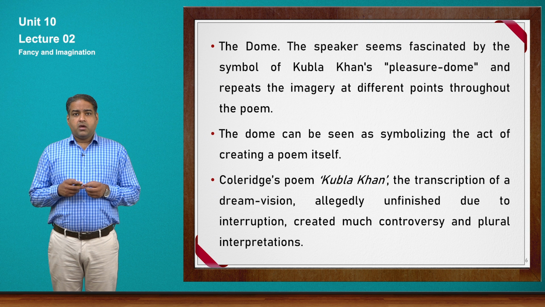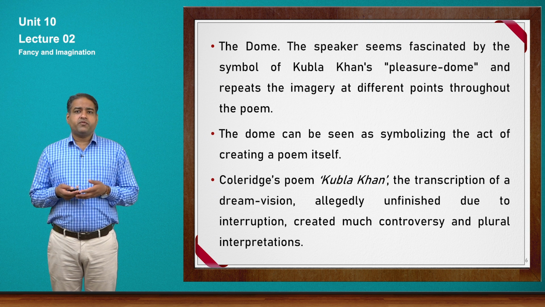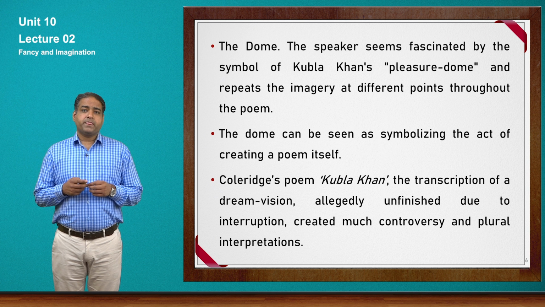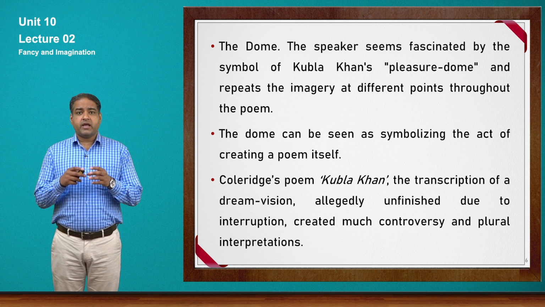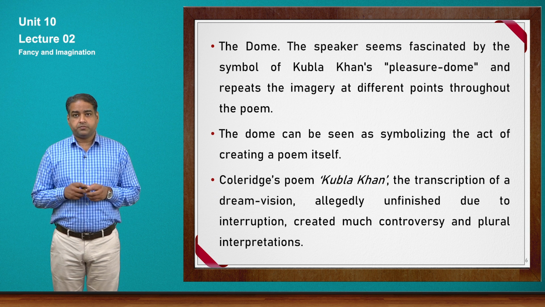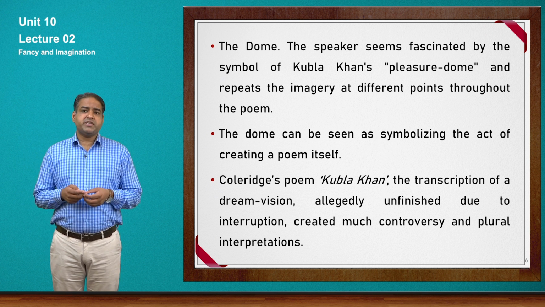You will find various kinds of domes in the surroundings, but the speaker is fascinated by that pleasure dome which Kubla Khan, as a ruler, is trying to construct in that paradise. The speaker feels fascinated.